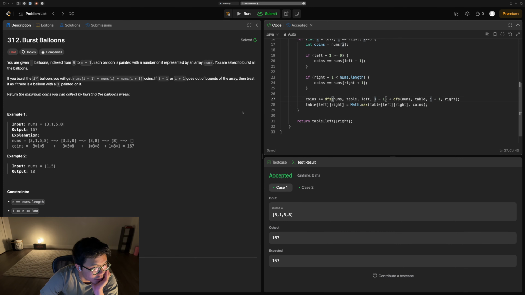Basically, it's going to say, okay, 3 is the last number we're going to check. So we multiply 3 by 1, and then after that, we have the remaining, I think, oh yeah.